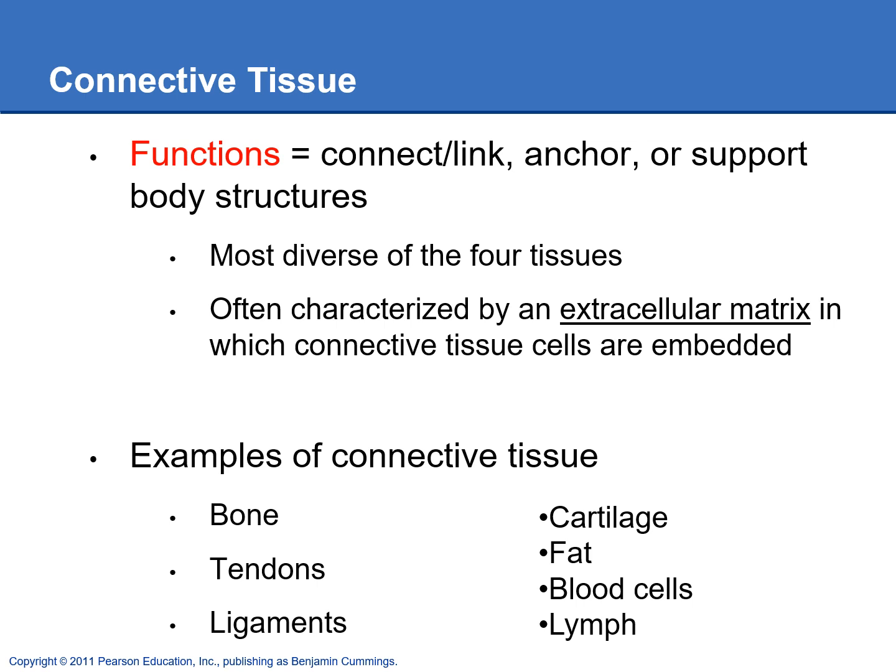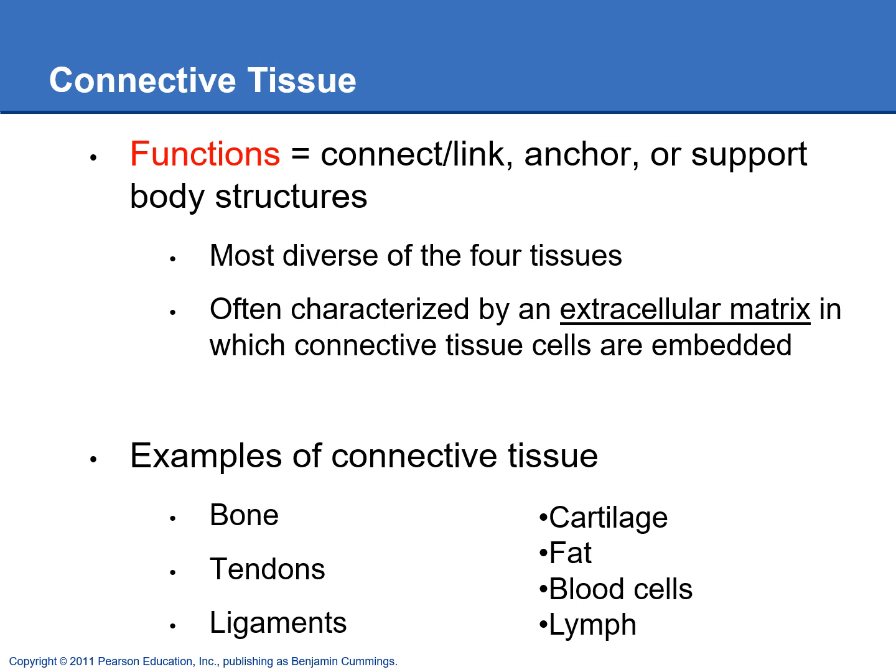All right, connective tissue. Connective tissue is very diverse, as you'll see. And the functions of connective tissue, if you just remember connect, it's going to connect or link different body parts together. It anchors things, it supports body structures.